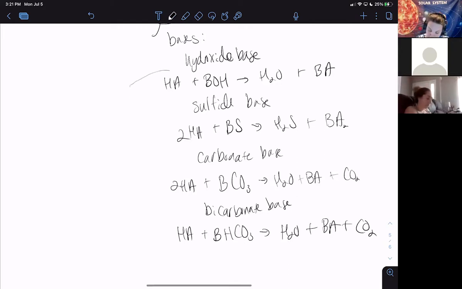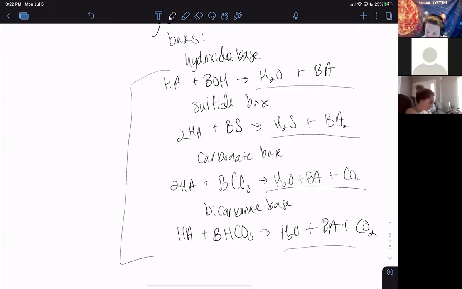So you should know the products of these bases. You should be able to do acid-base neutralization reactions with any one of these bases. The acids, like I said, they won't change. It's just the bases that change, and depending on the base will determine what your products are. These last three are called gas forming neutralization reactions because H2S is a gas and CO2 is a gas.